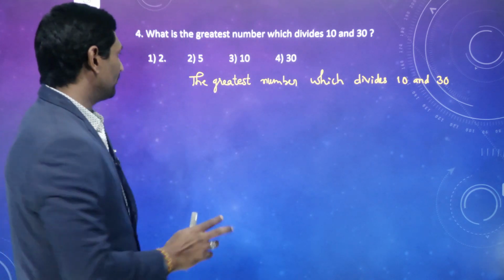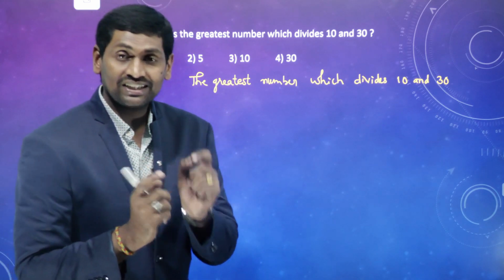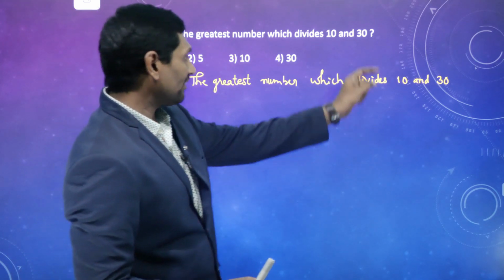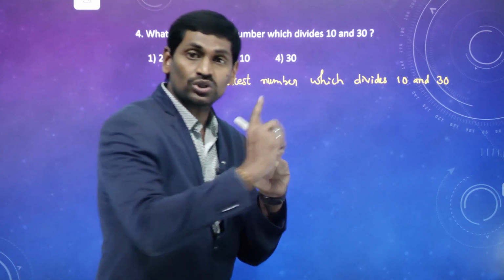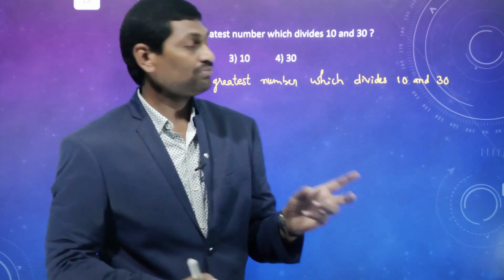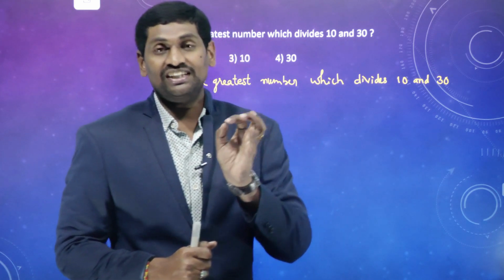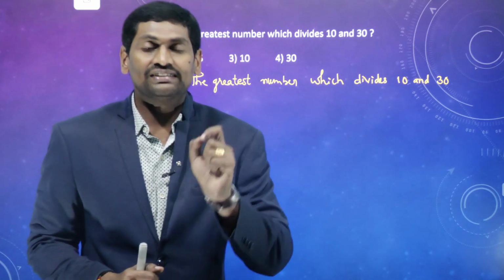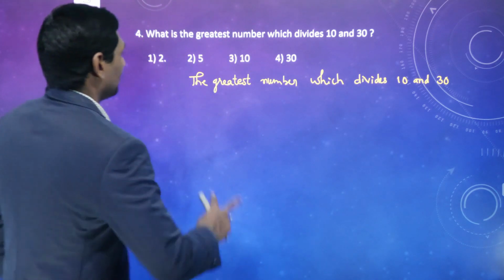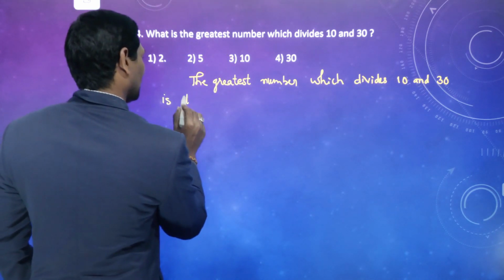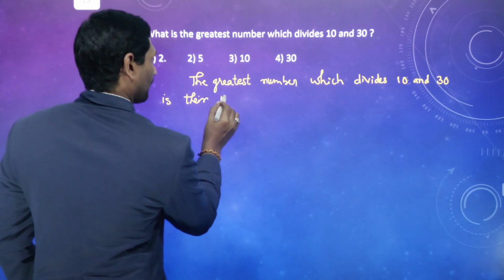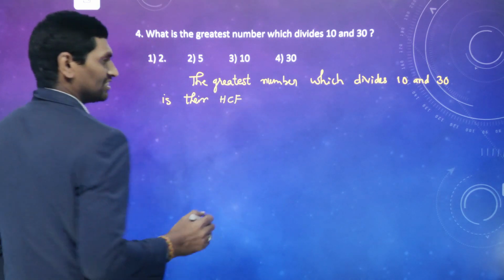What is the meaning of the greatest number which divides 10 and 30? That means there is a number that should divide 10 and divide 30. That means in that number 10 should come, 30 should come, both of them should come. Which is nothing but clearly their HCF. The greatest number which divides 10 and 30 is their HCF, highest common factor.